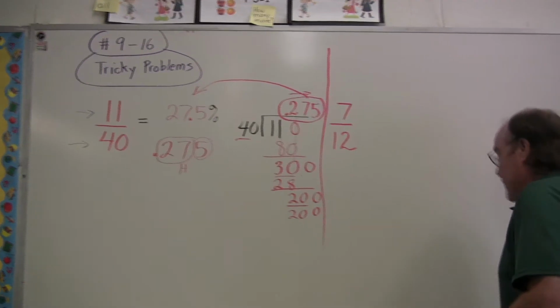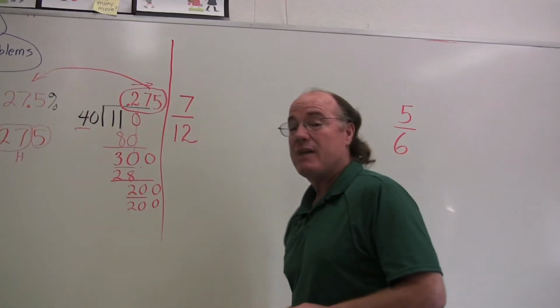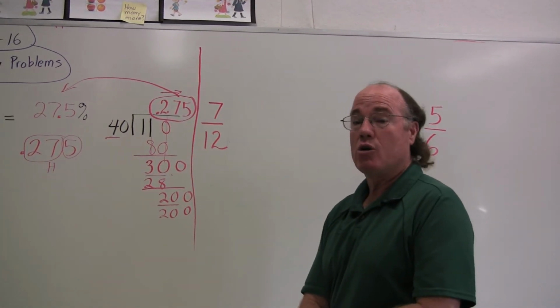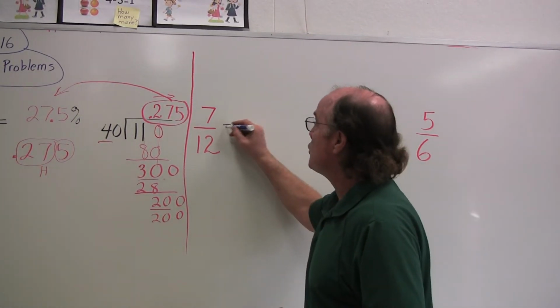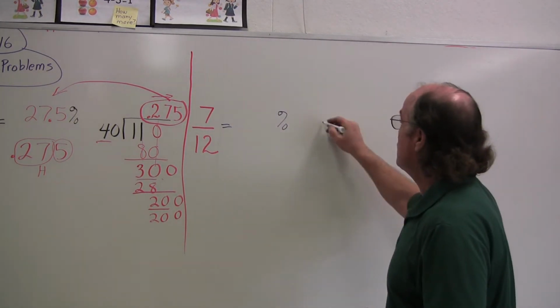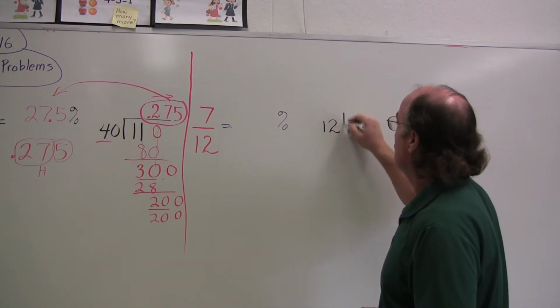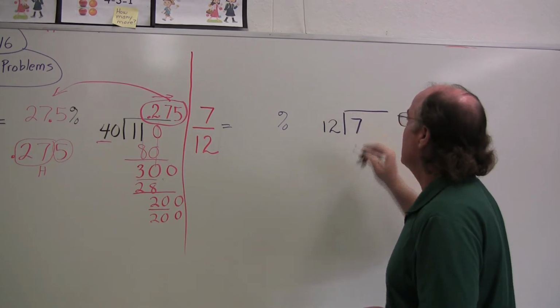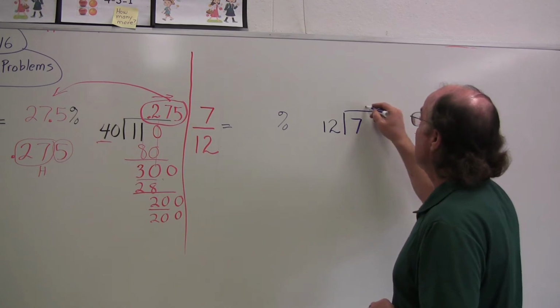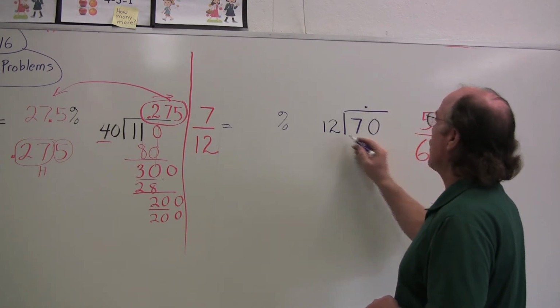That was not easy. Same thing with 7/12. Can 12 go into 100? No. So what we have to do in order to convert this to a percent, we have to divide 12 into 7. Now can 12 go into 7? No. Decimal 0.